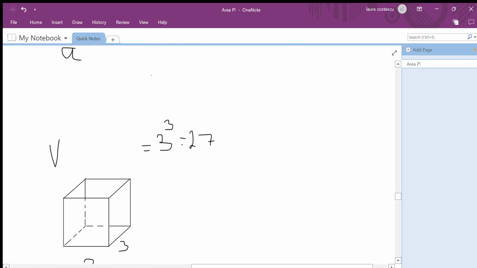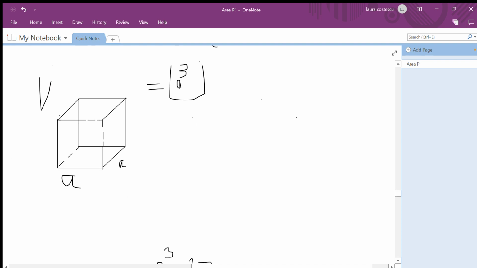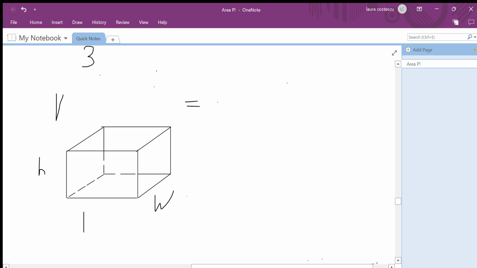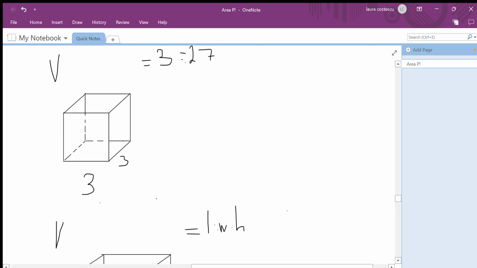So now that we got this, here is our very important formula. What is the volume of a cuboid? Well, it's complicated, but it's length times width times height. Some of you kind of expected it if you saw this one.